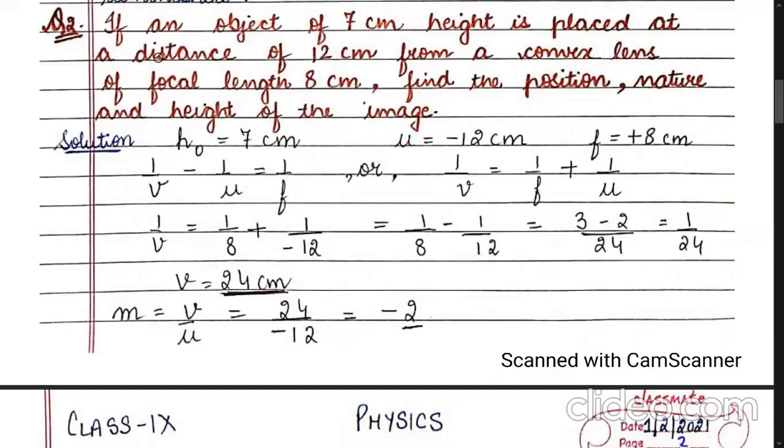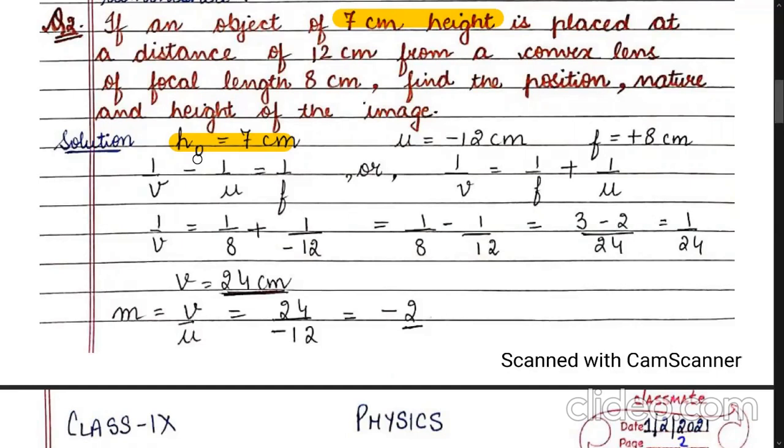If an object of 7 centimeter height, so height of the object is 7 centimeter, and in numerical I can represent it with H_O, where O is written in subscript.